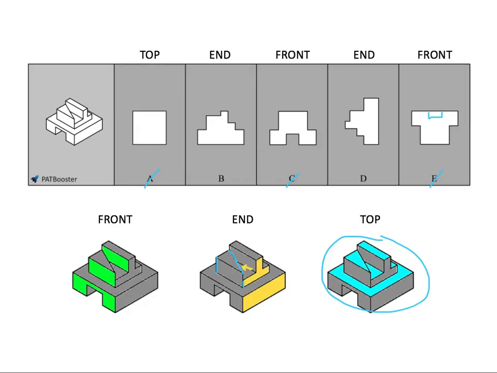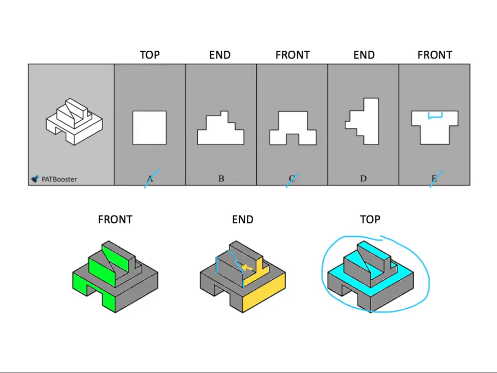We have a large rectangular base. We have a smaller layer on top of that. We're going to have a part that comes across like this on the left side, and then we're going to have a smaller extension at the top. So there's going to be some amount of irregularity in the shape.